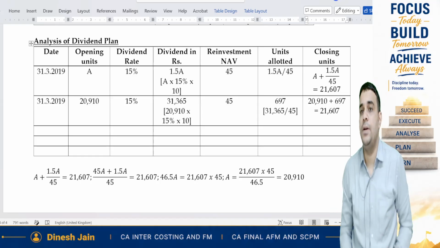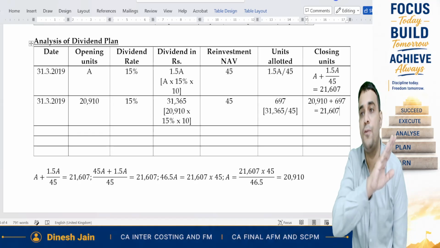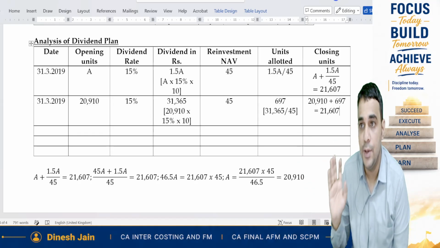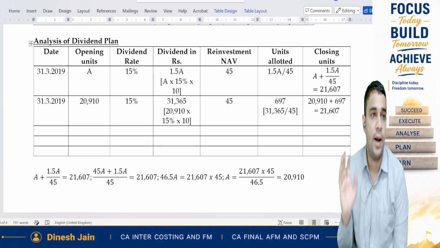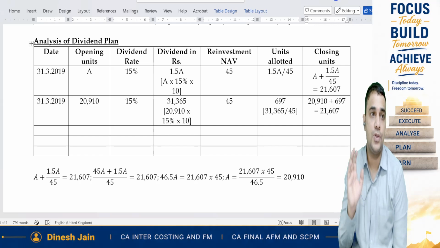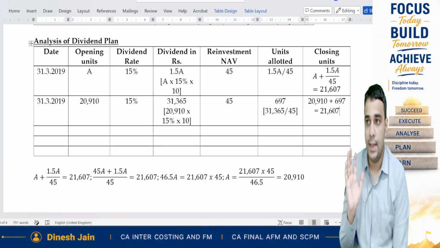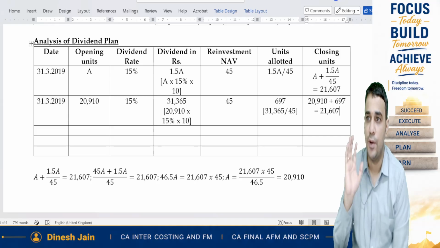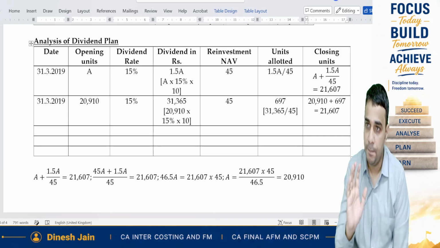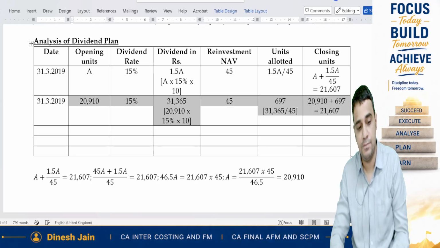This is what has happened in this period. You are generally used to doing the forward working. This is just a verification for you, for your understanding. Clear? Can we proceed?